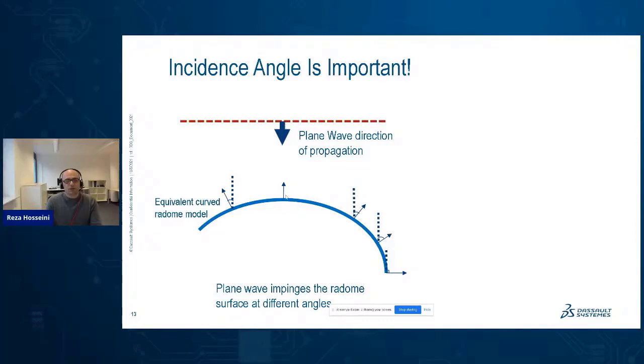Different points on the radome would create different incident angles. At the center point, it would be exactly normal. But the more we move to other points of the radome, the more other incident angles there would be. And that is important if our FSS is angular dependent.